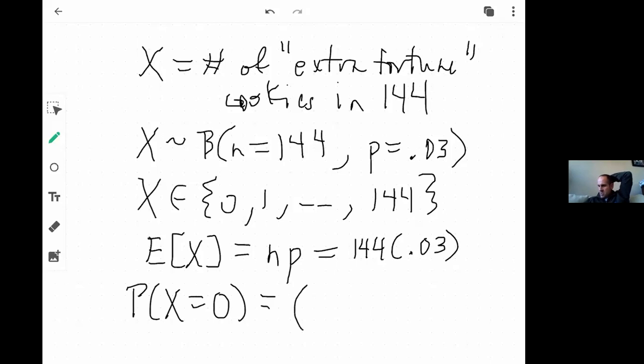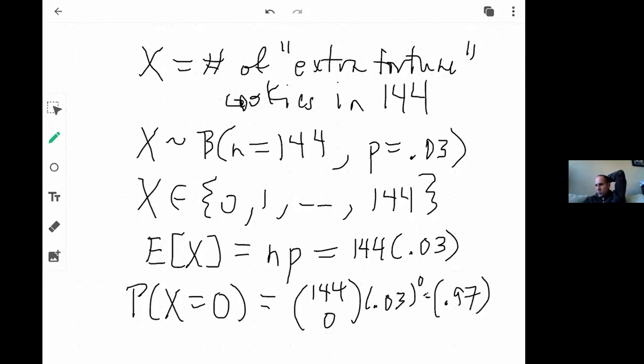So in this case, it's 144 choose 0 times 0.03 to the 0 times 0.97 to the 144 minus 0. Of course, 144 choose 0 is just 1. So in the end, it's just 0.97 raised to the 144th power.